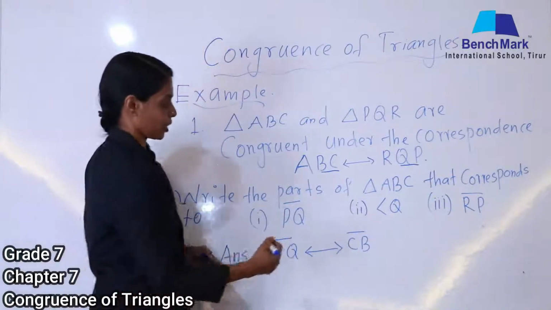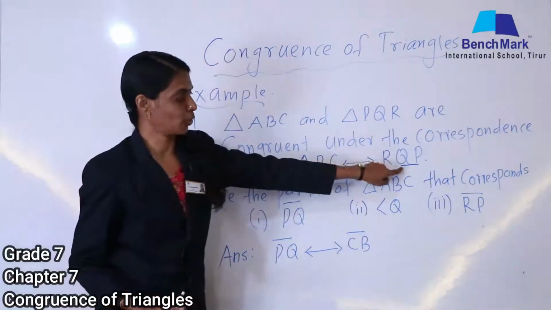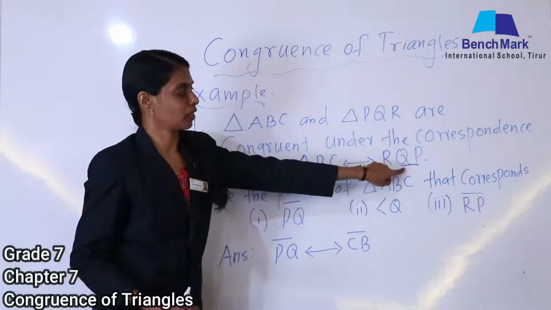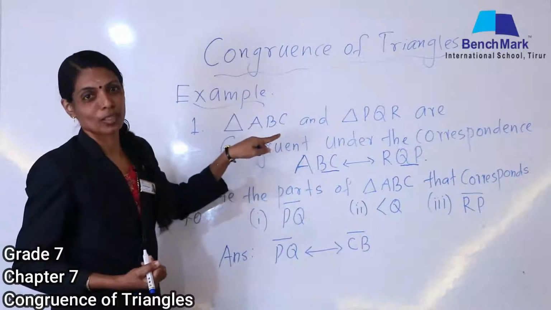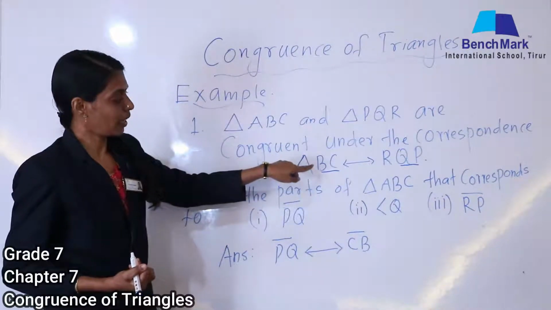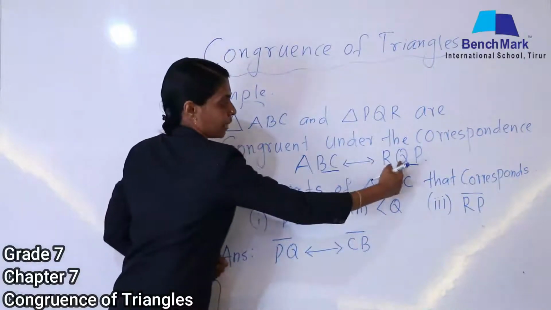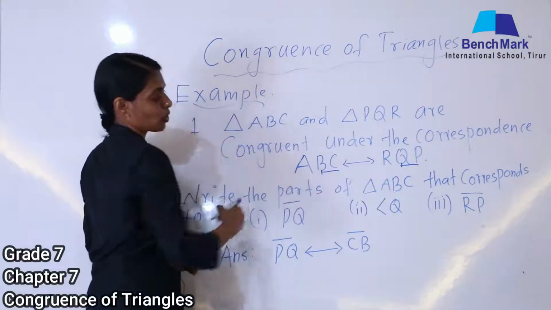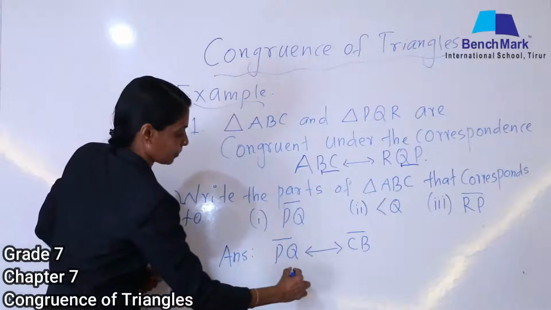Let us take the second question, that is angle Q. You have here angle Q, that is the vertex in the middle. So, for this angle Q, which is the angle that corresponds to it in the triangle ABC? See the position, it is in the middle. You have to go for taking the same position here also. So, it will be angle Q. So, how do you write?